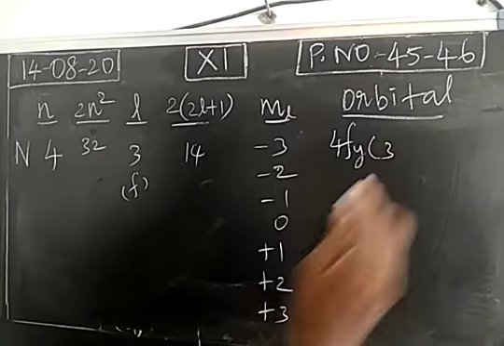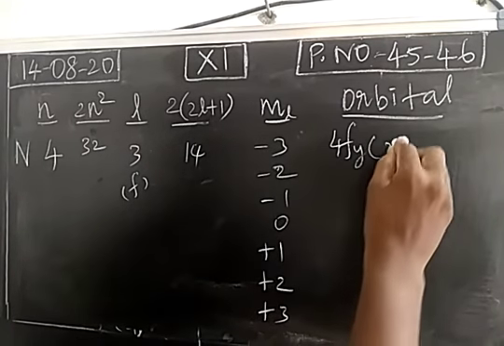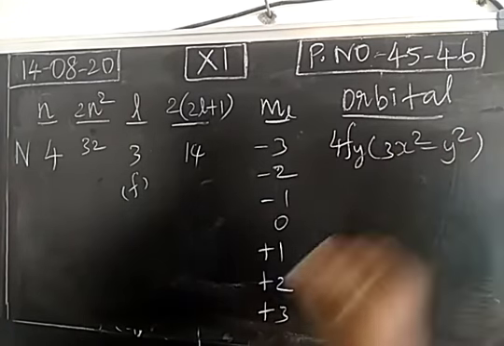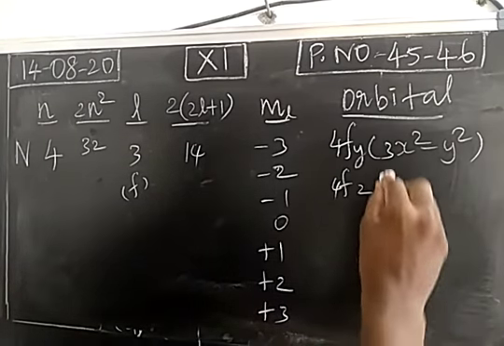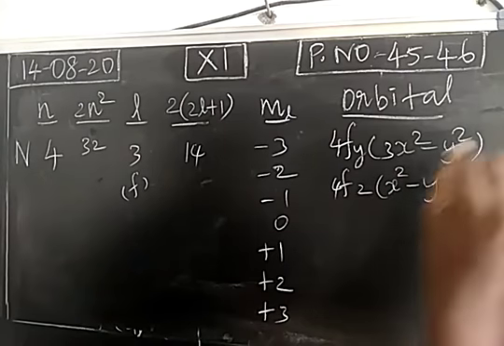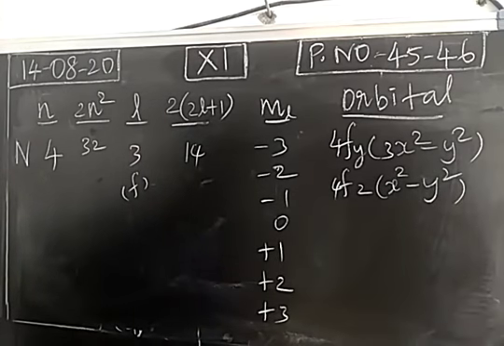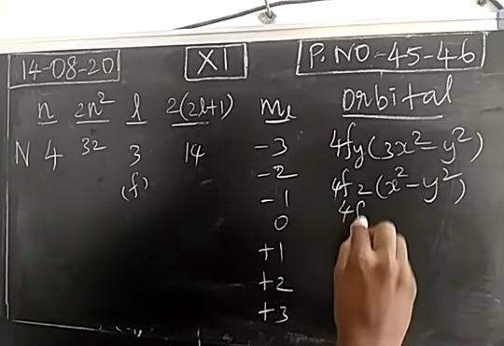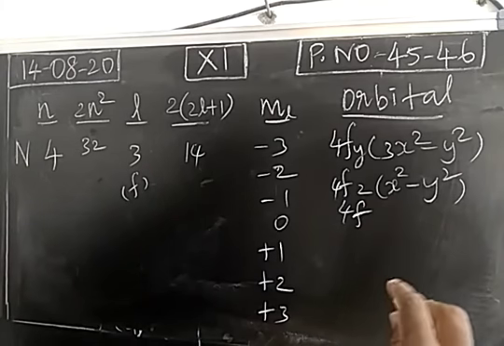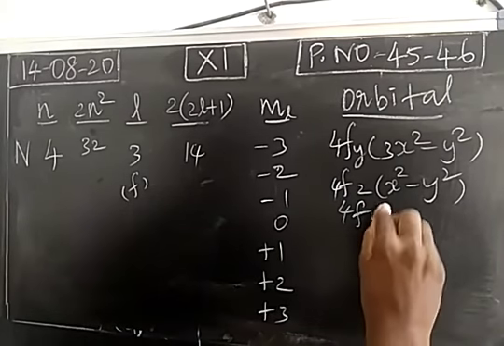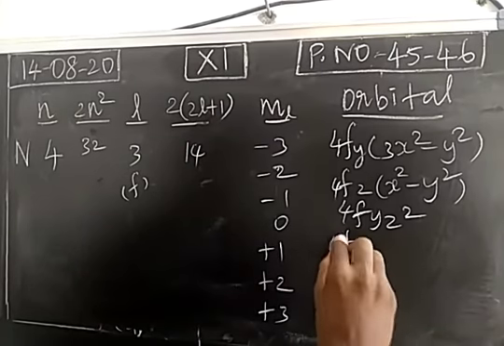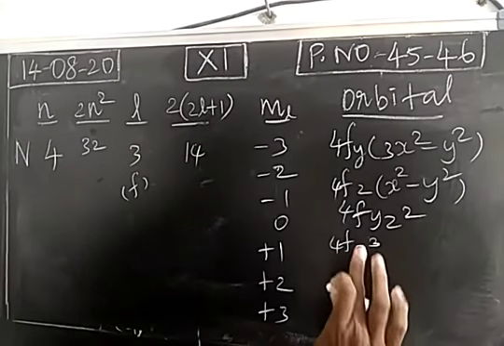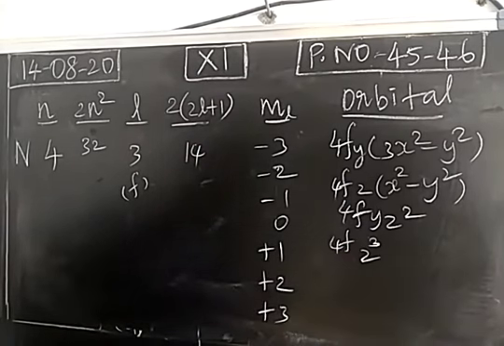4fy, 3x square minus y square. Then 4fz, x square minus y square. Next 4f yz square, fz cube.